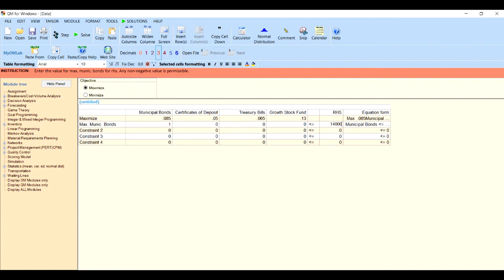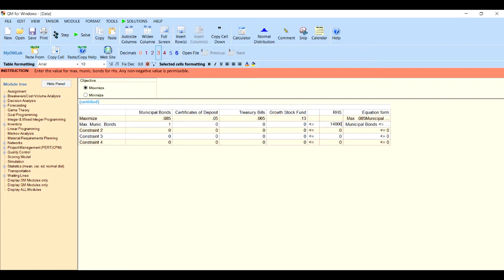So that is X2, certificates of deposit, plus treasury bills must be greater than or equal to 21,000, because that's our minimum amount we require in those two investments.